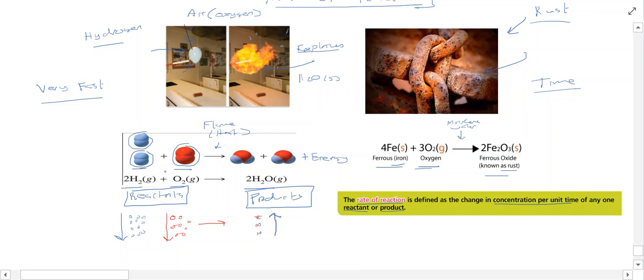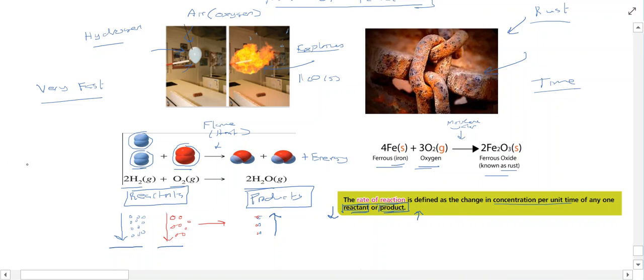So as the reaction takes place, the concentration of the reactants goes down, as they get joined together and product is produced. The amount of product increases over time.